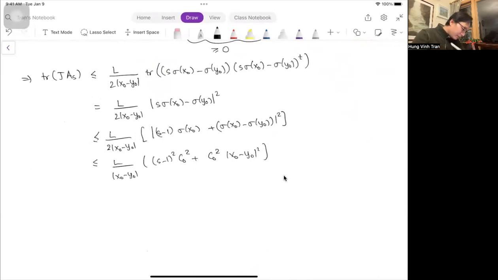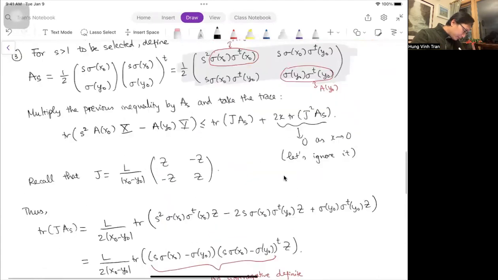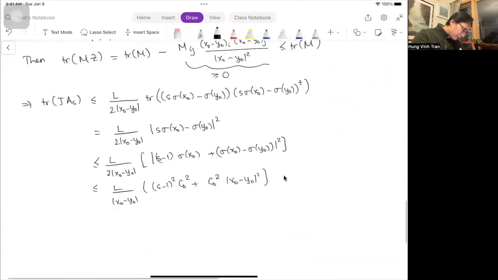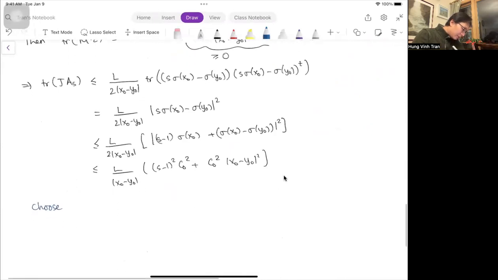Maybe let me choose S right away so that it's clearer. Choose S square, and you will see why. S square equals 1 plus beta times x naught minus y naught, for beta to be chosen.